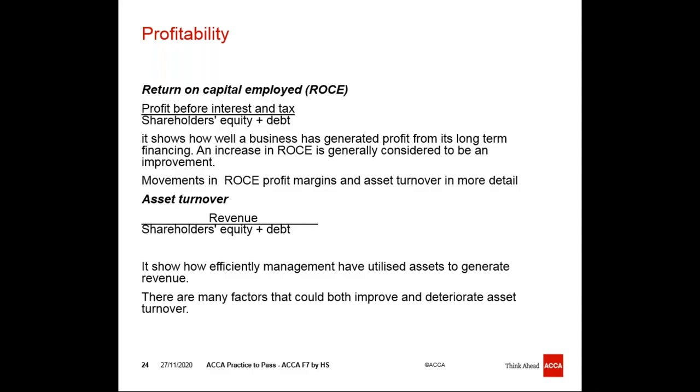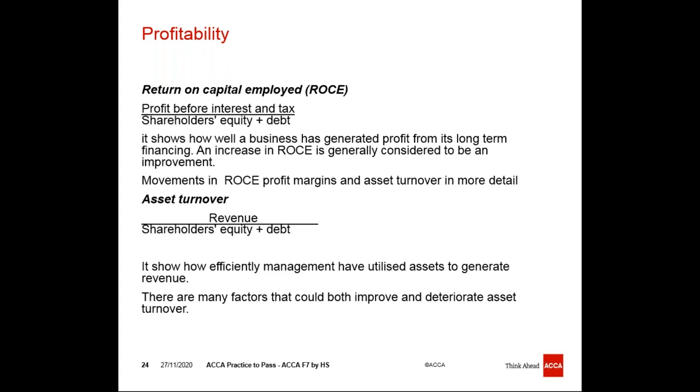The examiner wants you to explain what the reason is for the increase in the ratio. So if there is an increase in ROC, one possible answer is that there is an increase in profitability over the period, or there is a decrease in the capital employed over the period.